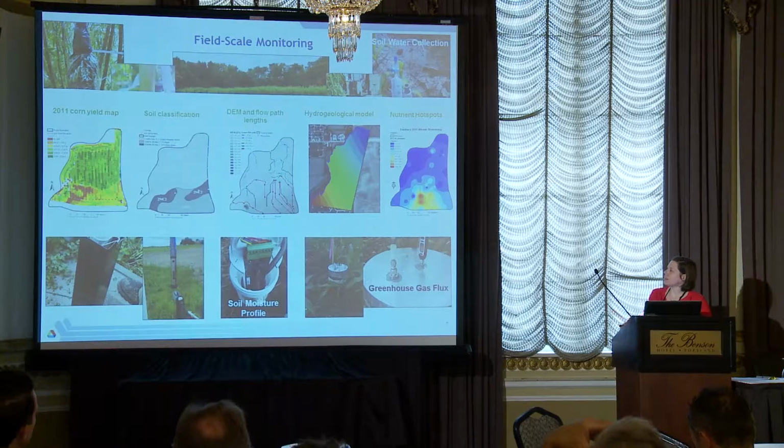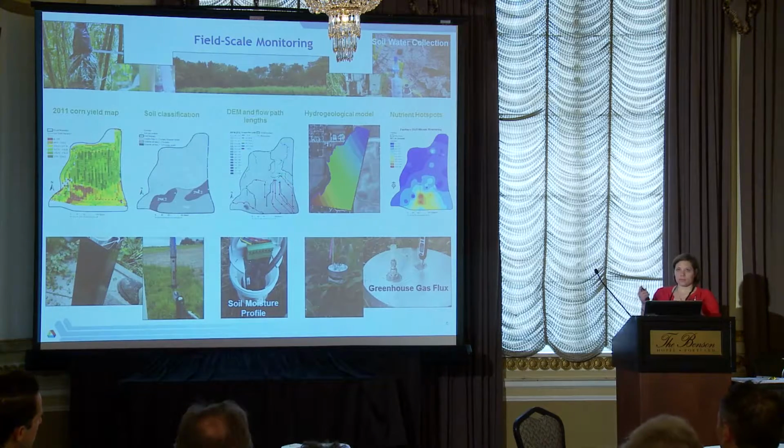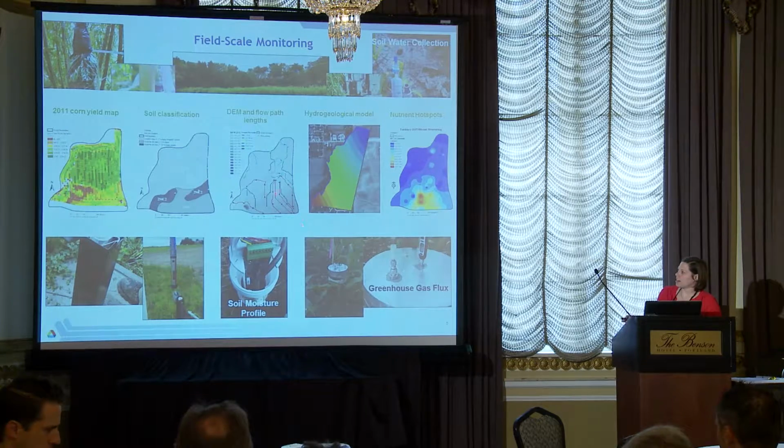Right here, we can look at soil characteristics, and then we can do some GIS analysis using GPS RTK surveying to determine subsurface and surface flow, and that gives us an idea of where most of this water is running, and therefore where the potential for nitrate leaching is happening. And so from here, we can place our buffer strip here.